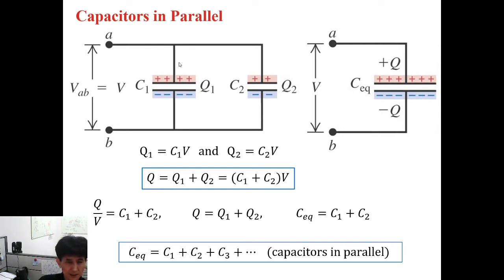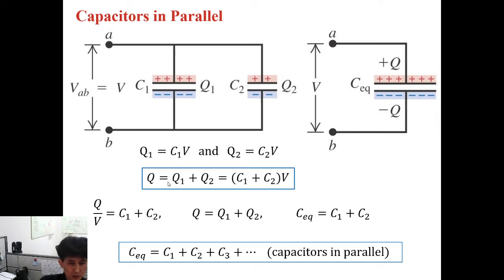The voltage is the same in this case because the voltage across a parallel connection should be the same. So Q1, the charge stored in device 1, is equal to C1 times the voltage across it. The charge stored in device 2, Q2, is C2, the capacitance of the second device, times the voltage across these two plates. So the total charge can just be added.